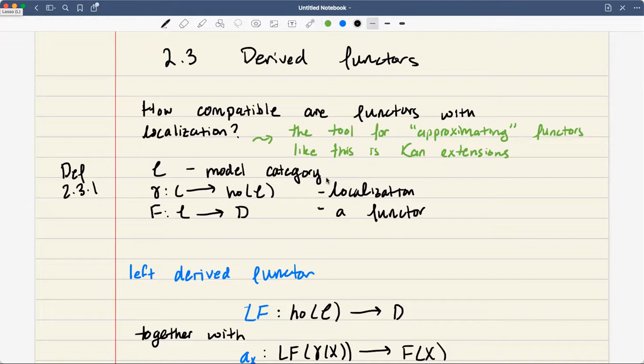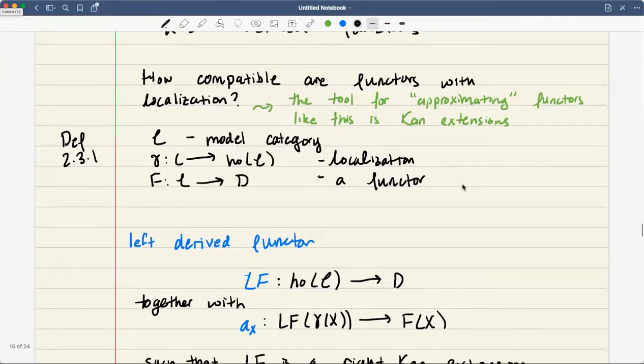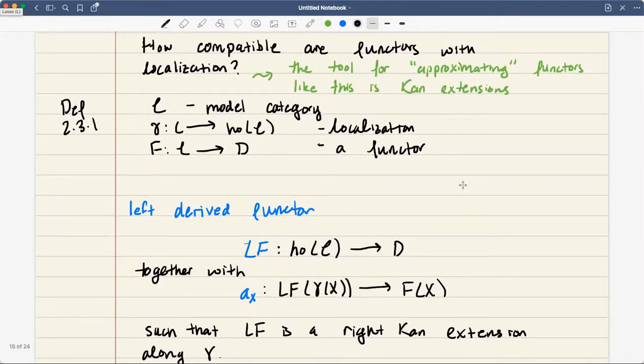Can we extend the initial functor, approximate it somehow, to this other category? The general tool for that is Kan extensions. So that's what we'll do here. Going forward, we will talk about model categories. I won't always write it down, but we can assume we have model categories unless I say otherwise.